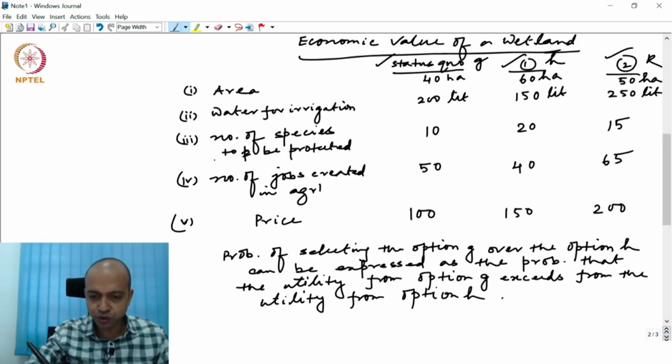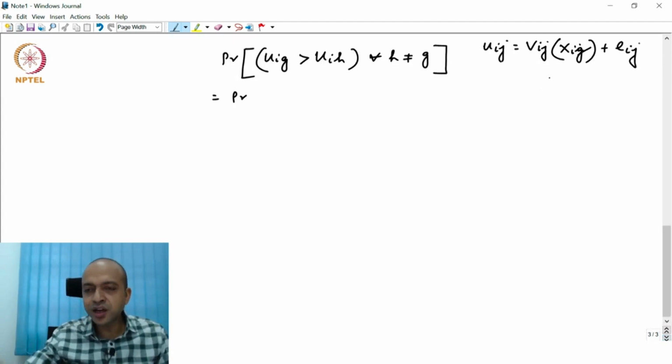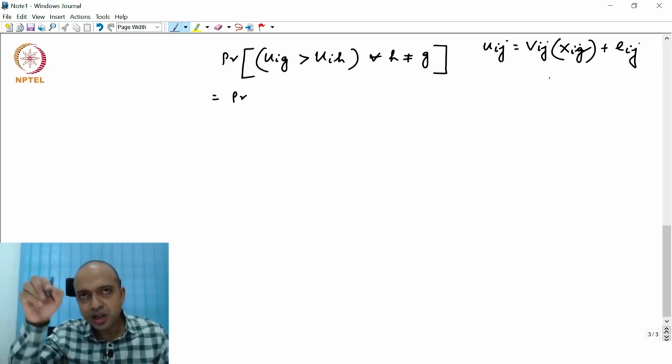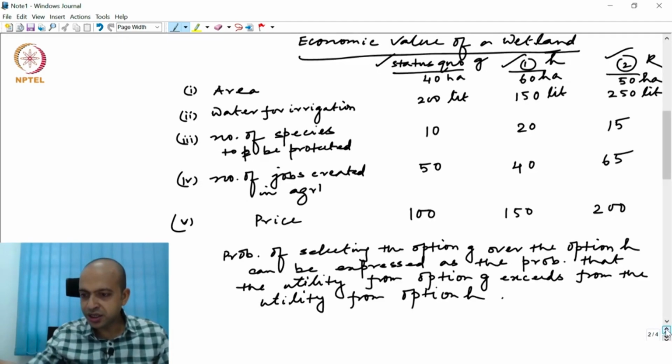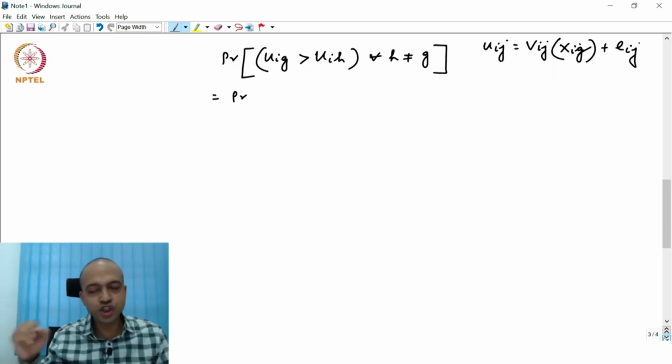These are the attributes 1, 2, 3, 4, 5, and J is the level of attributes in a particular option. So J here is this 40, 210 for a particular option. This is, let's say, jth option, this is hth option, this is kth option, or scenario.